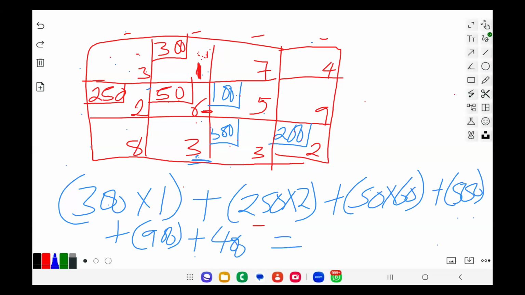Then you work out the total. This is the feasible cost.